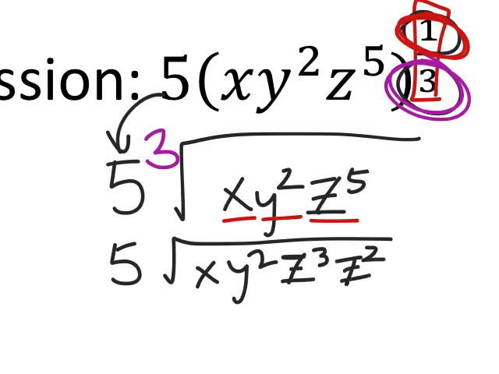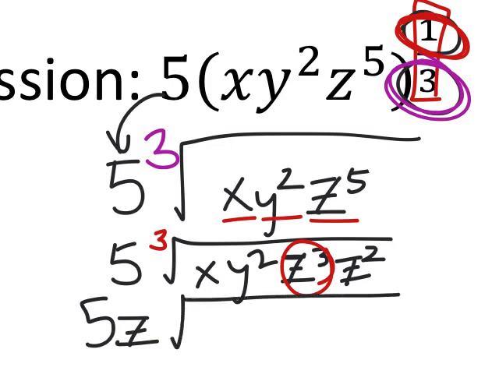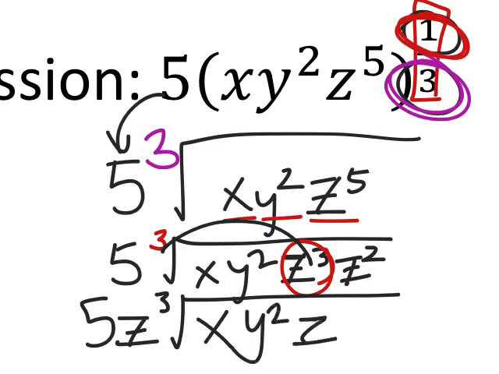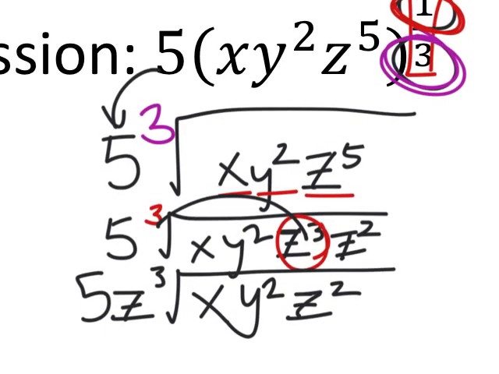What this allows me to do is break this up. I have a cube root of z cubed, which allows me to pull that out. I would then have 5z, and then the cube root, this one went out, so we've got xy squared, z squared. And that would be your final answer.